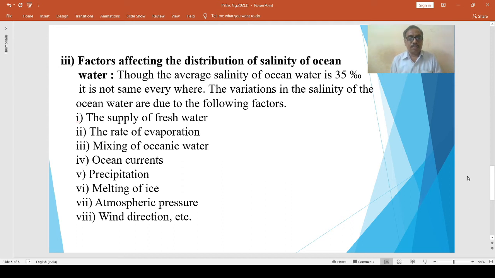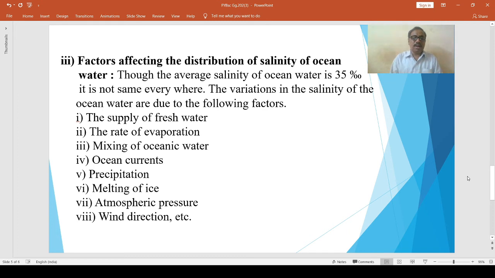Free mixing of Atlantic Ocean and Mediterranean Sea does not take place due to the Strait of Gibraltar. So, the salinity of the Mediterranean Sea near the Strait of Gibraltar is high.